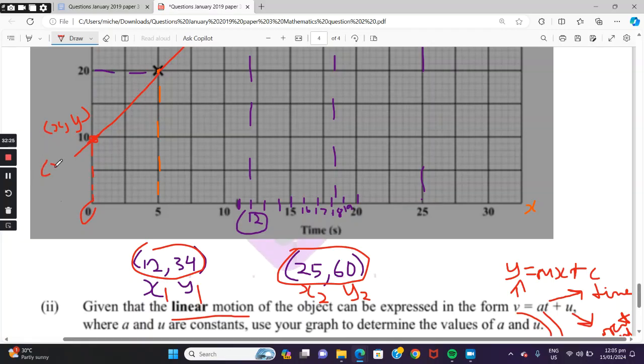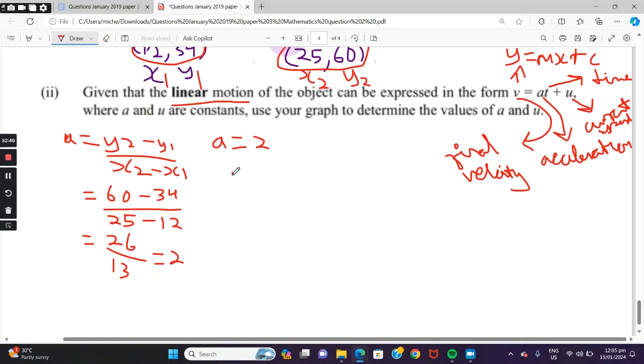So the x value is 0, and the y value, or coordinate, is exactly where y is 10. So C is always the y coordinate of the point where the graph passes through the y-axis. So the value of U is going to be 10.